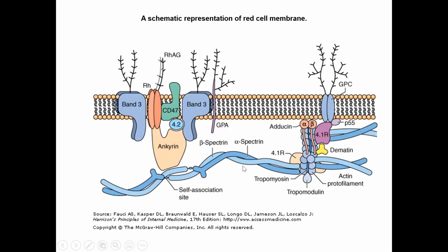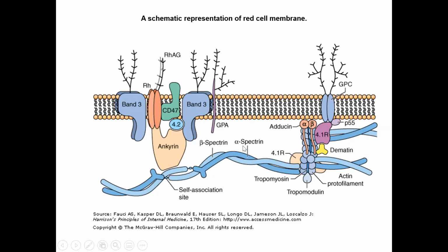And this structure is essential to maintain that biconcave disc shape. And we'll see why that biconcave disc shape is important, why the red cell cannot just be a round sphere like a ball, all right?